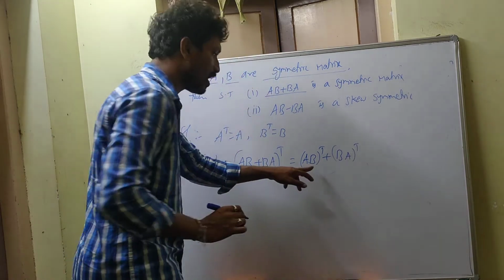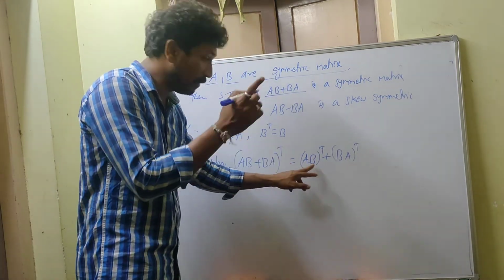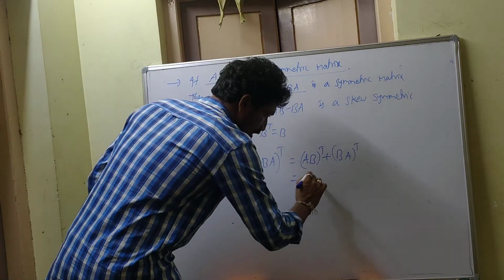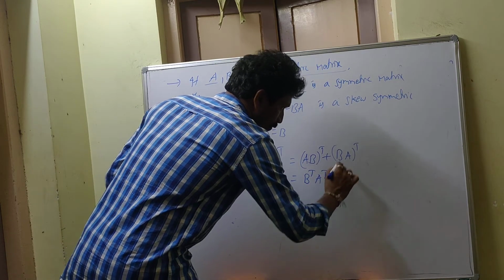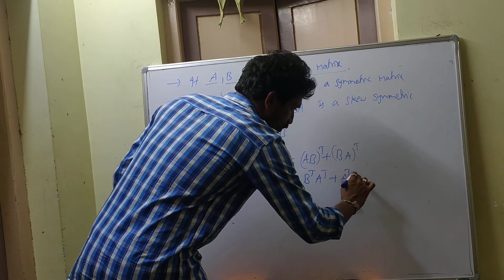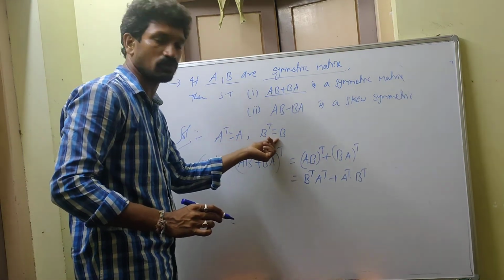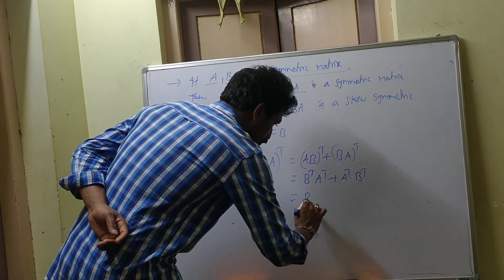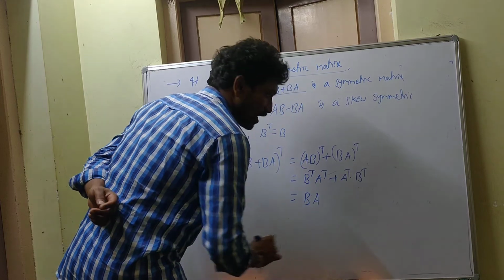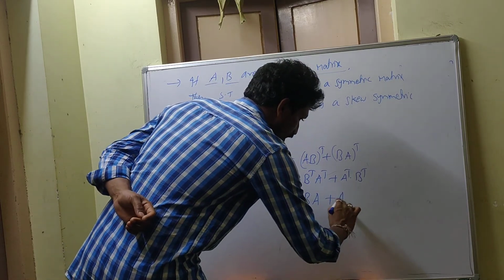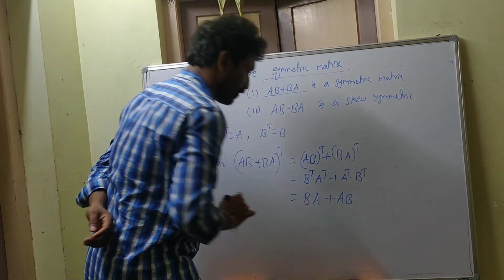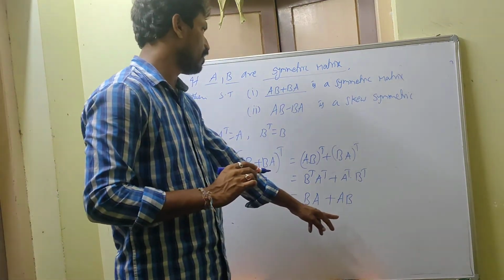AB whole transpose is nothing but B transpose into A transpose, reverse order. Plus BA whole transpose means A transpose into B transpose. Already we know A transpose is equal to A, B transpose is equal to B. So we have BA plus AB.